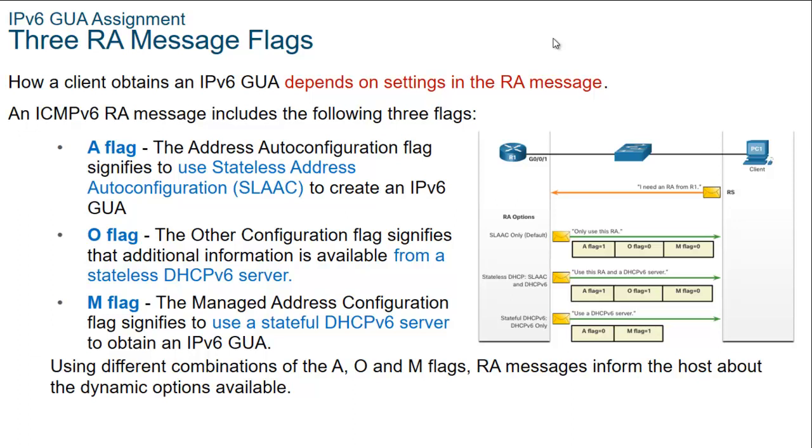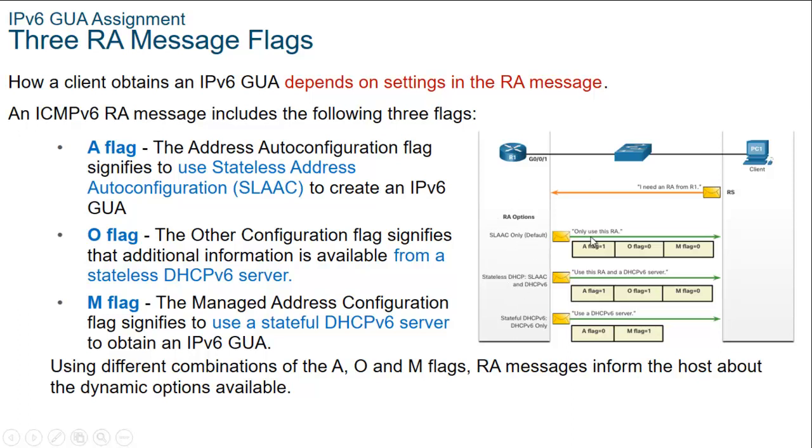Using different combinations of the A, O, and M flags, RA messages inform the host about the dynamic options available. So for example here, when a host enters the network, it would send a request or solicitation. It would say, I need an RA from R1. So then the RA from R1 could be these options.